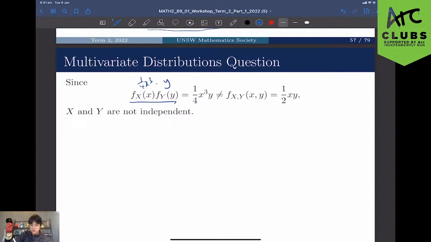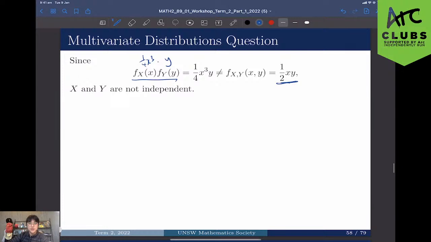But the joint density function is equal to half xy. And since they're not equal, x and y are not independent. So usually when you have a joint density function and they want you to say whether the two variables are dependent or independent, we just show whether this equation is true or not.